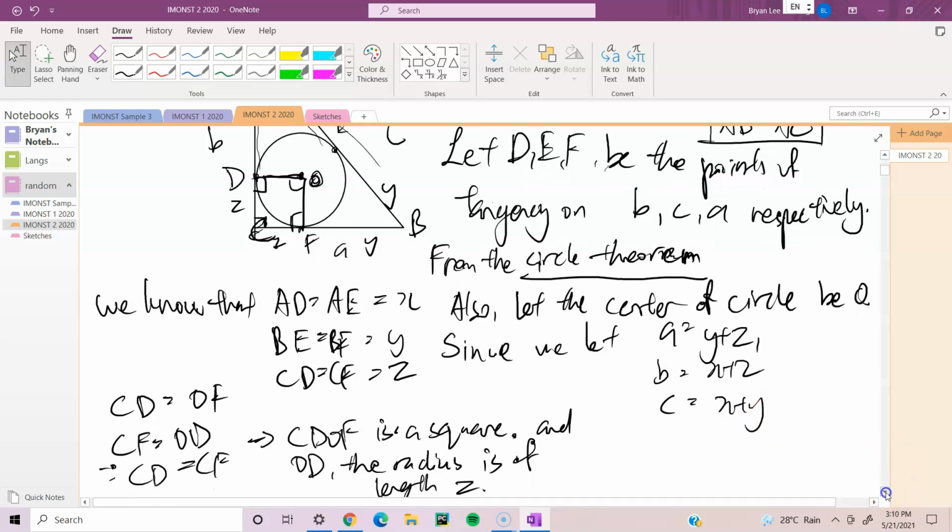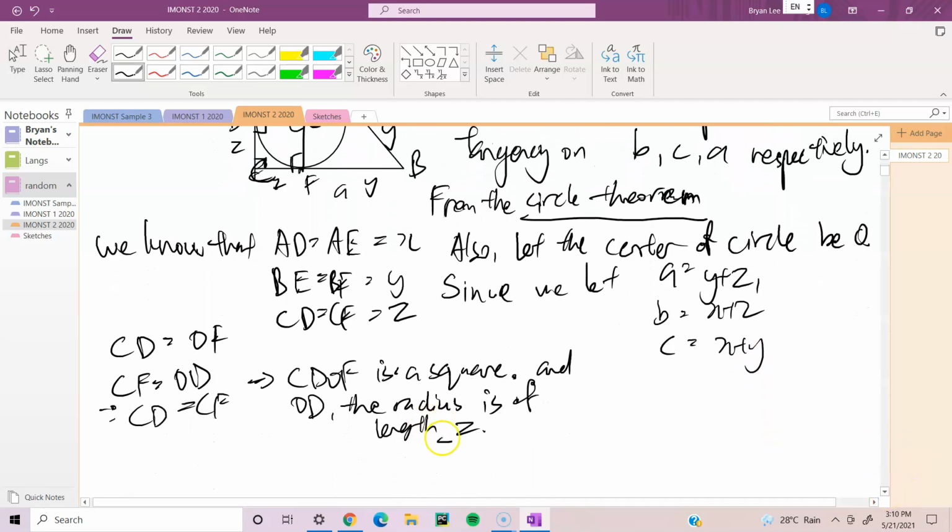So since we have our radius being z, the circle's radius z is equal to, now this is a long one.